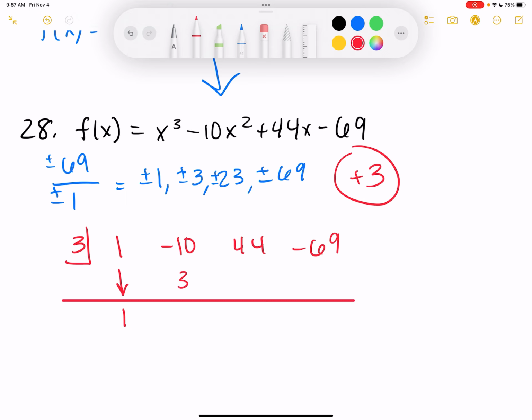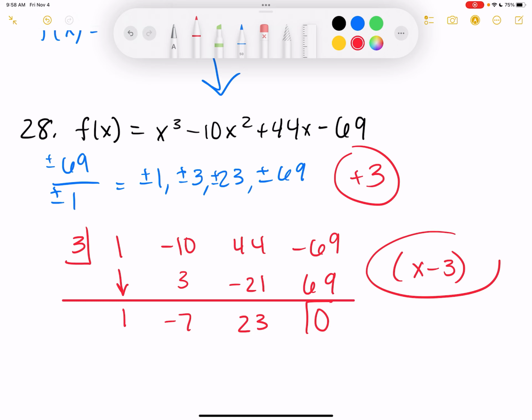Minus 10 is negative 7. Times 3 is negative 21. Plus 44 is 23. Times 3 is 69. So the factor is x minus 3, so that's why I was writing them that way the other day. Out to the side, and I'll usually circle them so that I can remember when I go back.